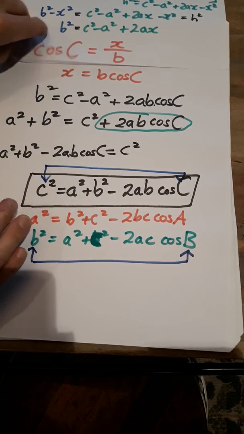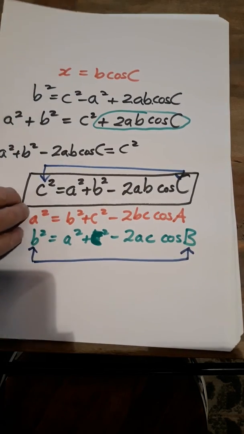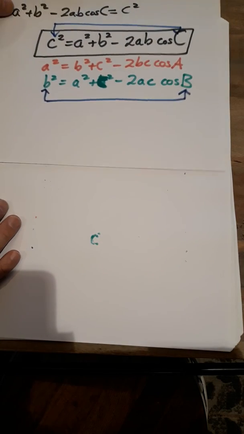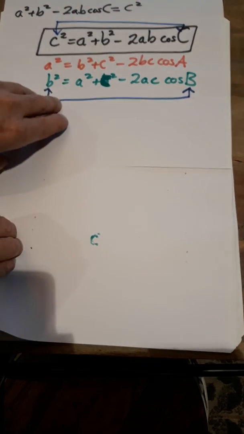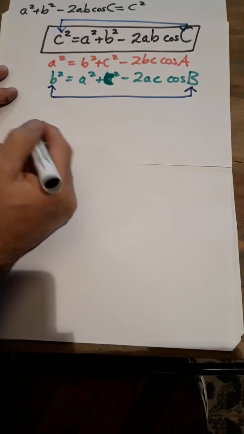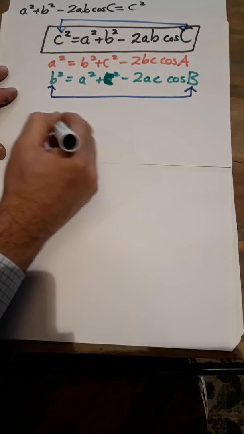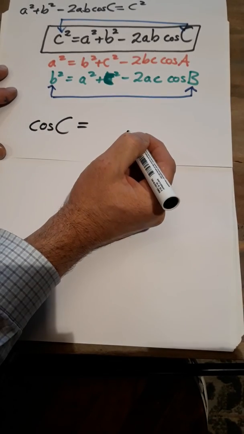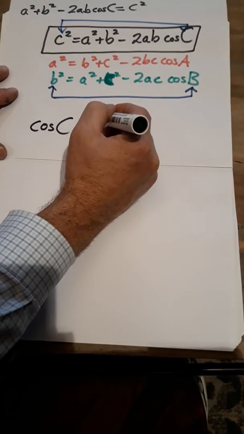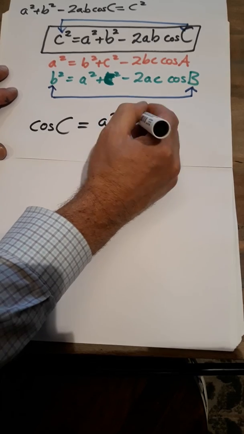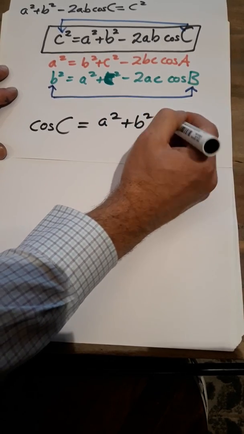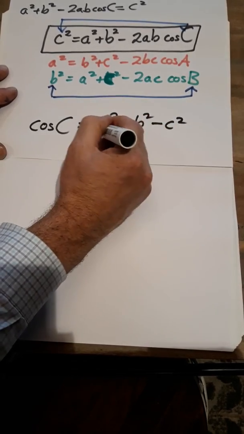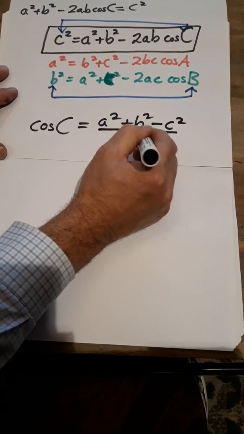You'll sometimes also see this formula written with the subject changed so that you can find an angle. I'll just write that down now for you. Sometimes people will have rearranged this so it says cos of C equals a squared plus b squared minus c squared all over 2ab.